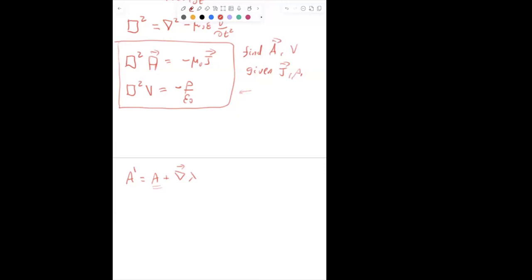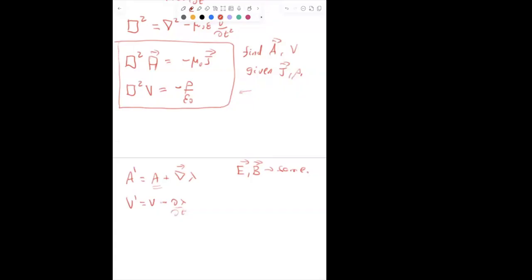And I have to take this gradient of the scalar function. The meaning of the gauge transformation is simple: E and B are the same. What do I mean the same? If you choose A prime or A, or if you choose V prime or V, the answers are the same. And this gives you flexibility in the choice of these potentials.